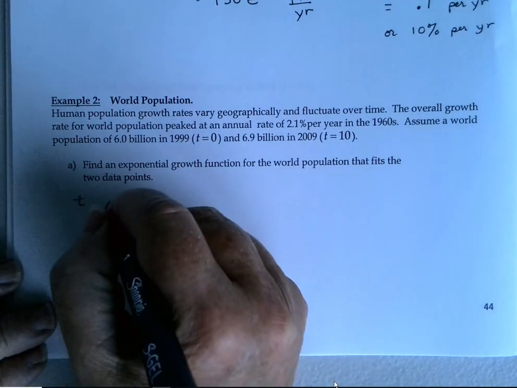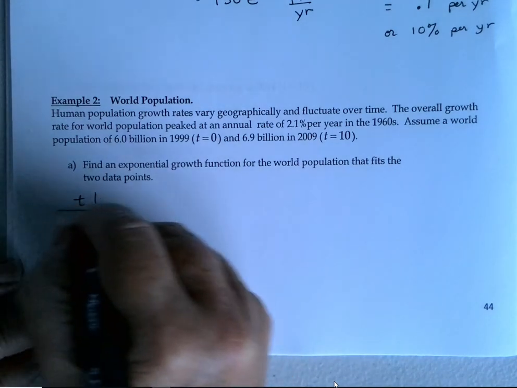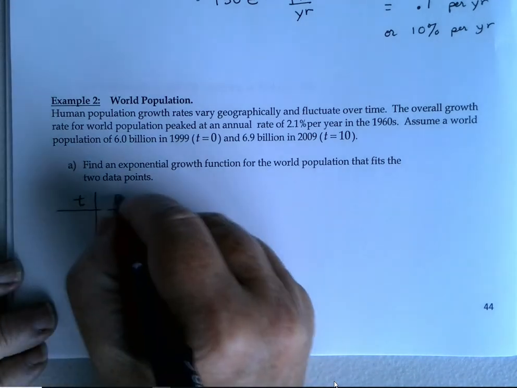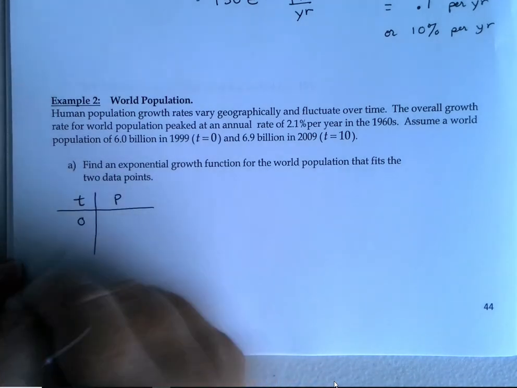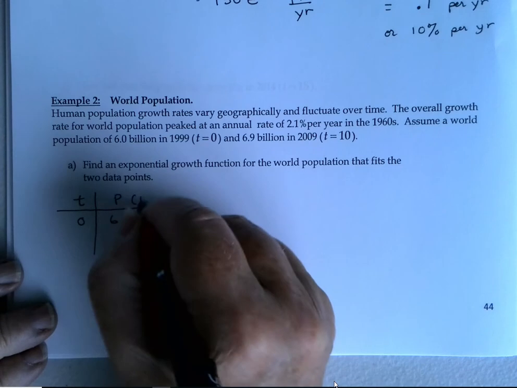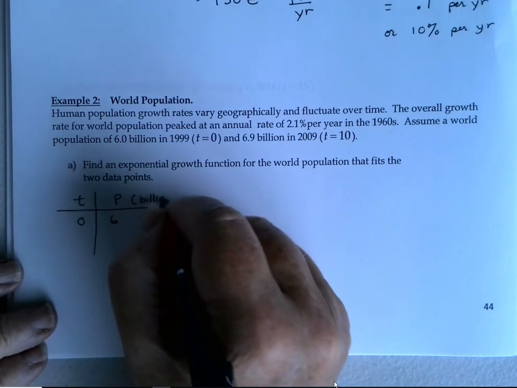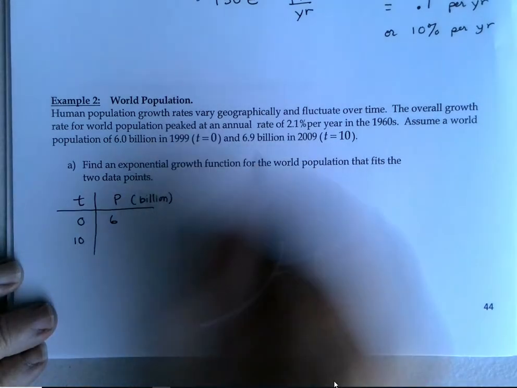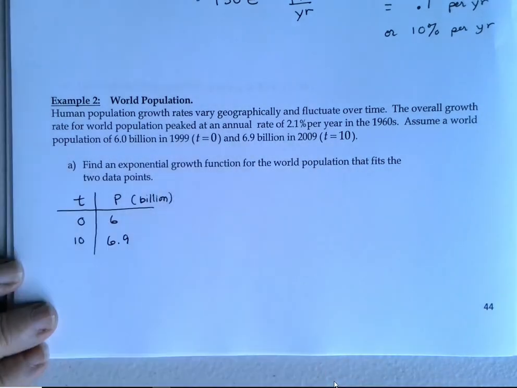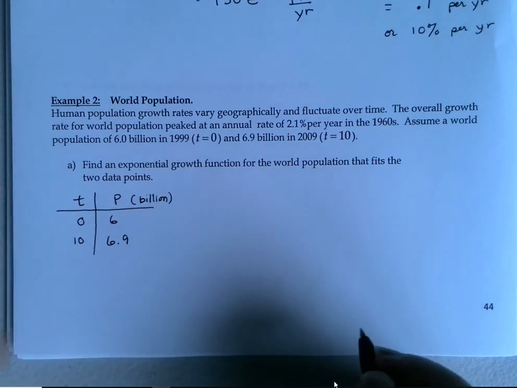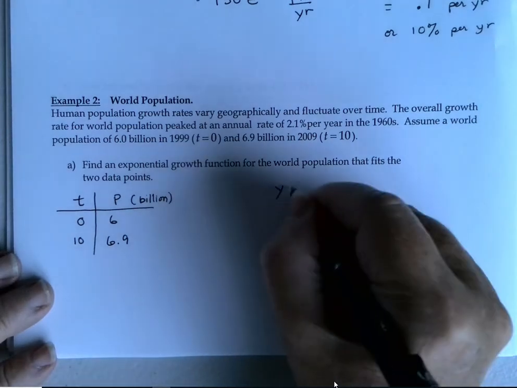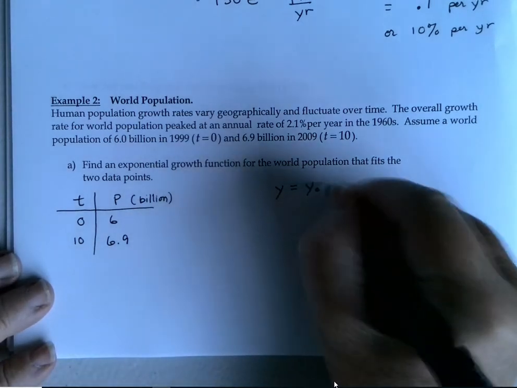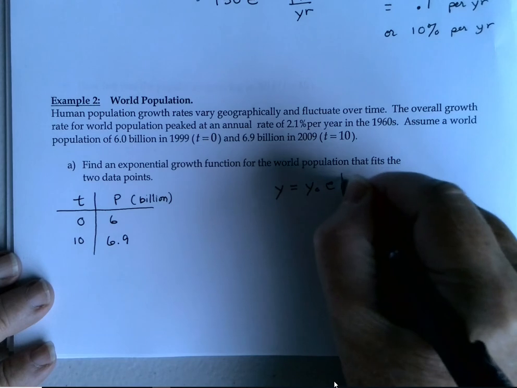Just to organize my thoughts, I kind of like to make a little chart, little table. At time 0, we had 6 billion. And at time 10, the population was 6.9 billion. Now we want our population equation to fit this exponential model that we're using, which was y equals y naught e to the kt.